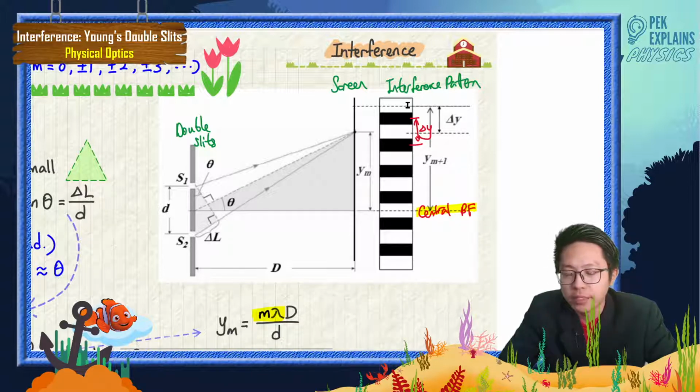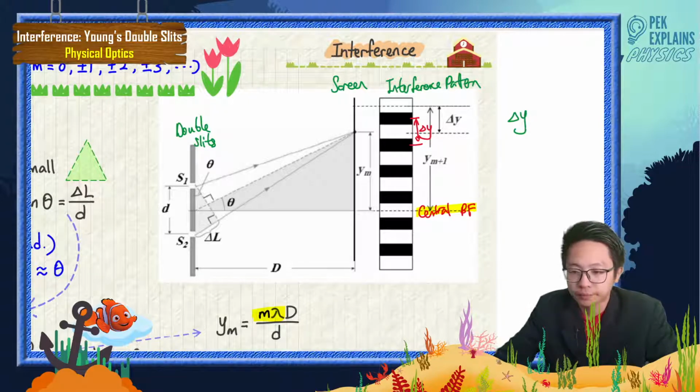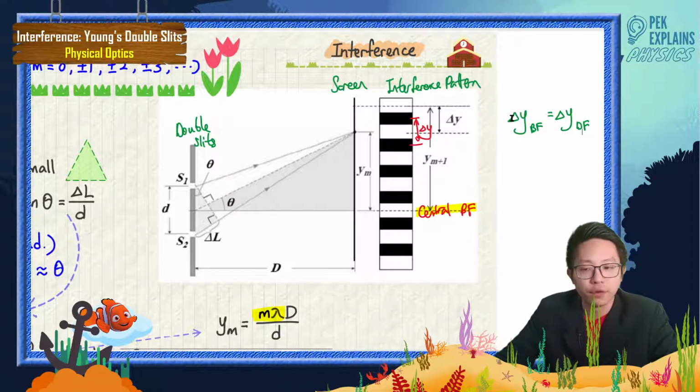The distance between the two bright fringes and the distance between the two dark fringes is equal. This is a regular interference pattern, like a zebra line. So delta Y between two bright fringes is equal to delta Y between two dark fringes. And what's the formula for delta Y? We will discover later.